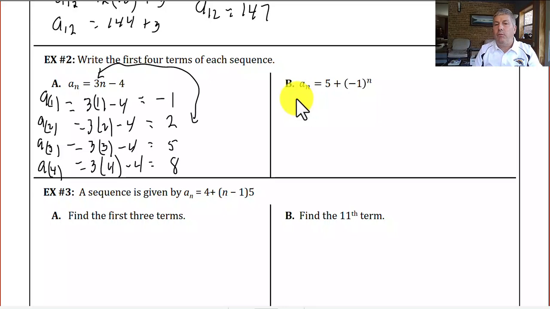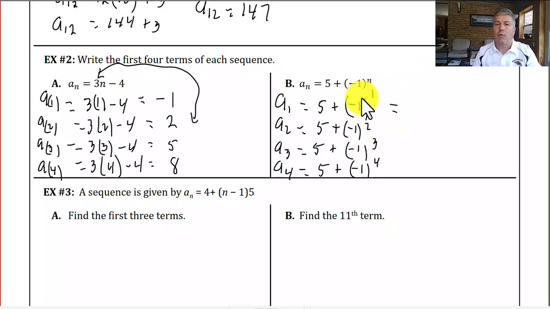In example B, we want to find the first four terms. So a sub 1 equals 5 plus negative 1 to the first power, and a sub 2, and so forth. What you may notice in this example, since we're taking negative 1 and raising it to a power, the first one is an odd exponent, the second one is an even, the next one is an odd.